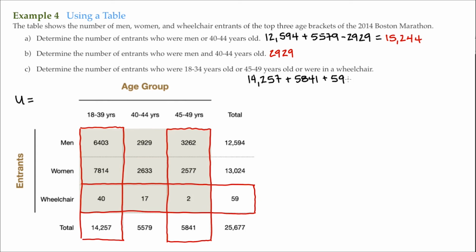So I'll take out 40 and 2. So adding that all together gives us a grand total of 20,115. So you can see that a two-way table is just as effective in helping us solve these problems as a Venn diagram.